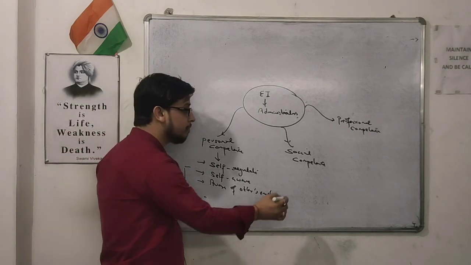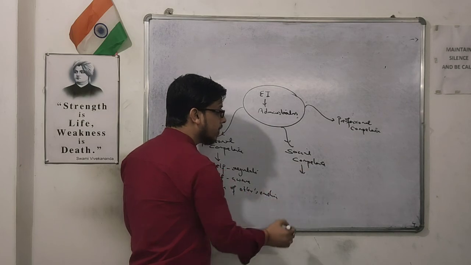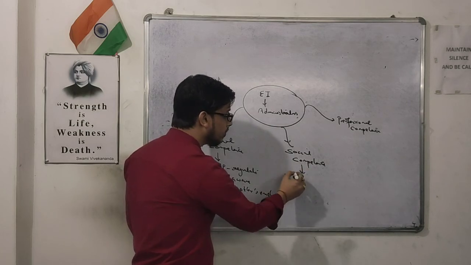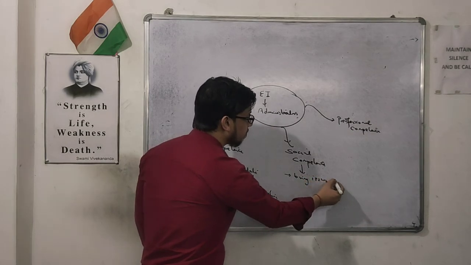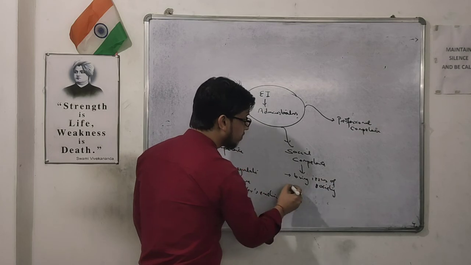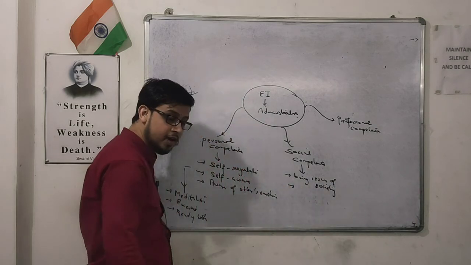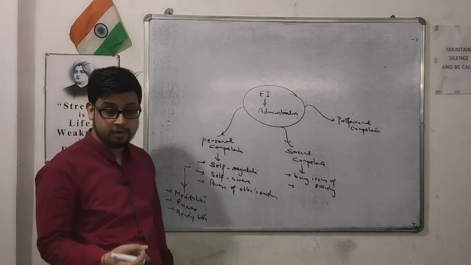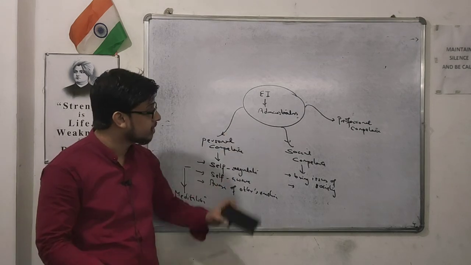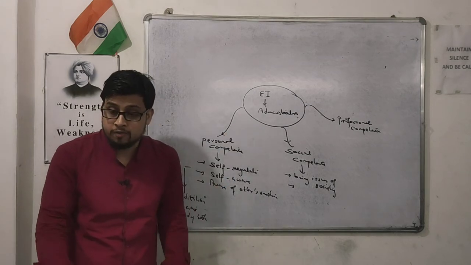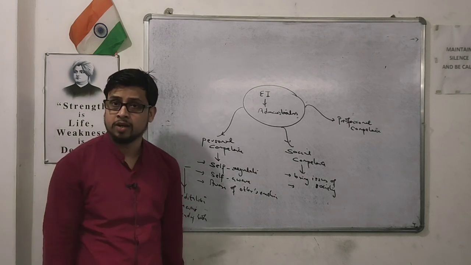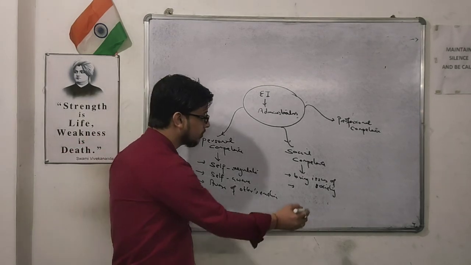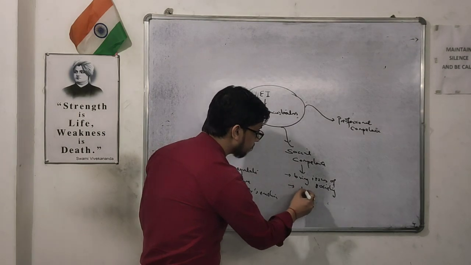So far as social competence is concerned, he is able to bring up the issues of society. If an administrator has very good emotional intelligence, he or she will be aware of societal problems, and accordingly will deal with the decision.